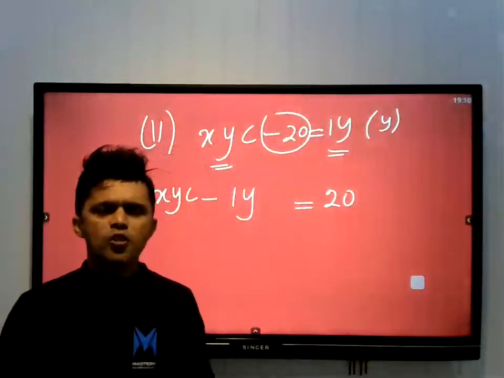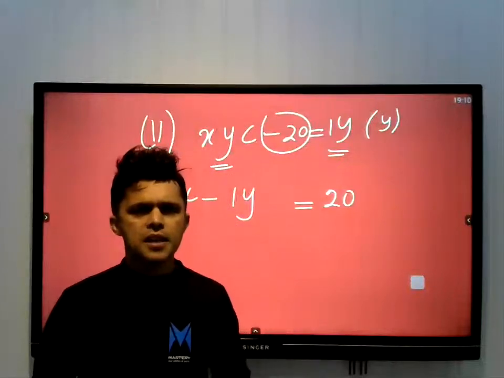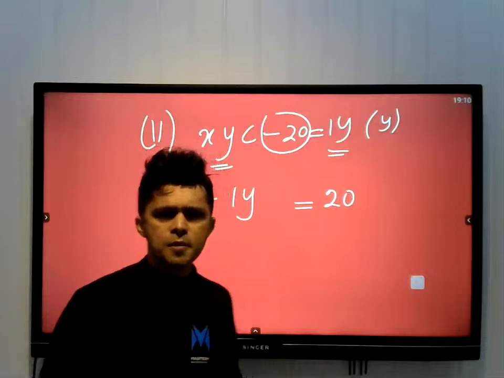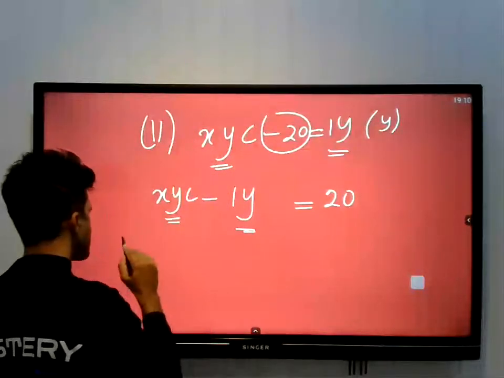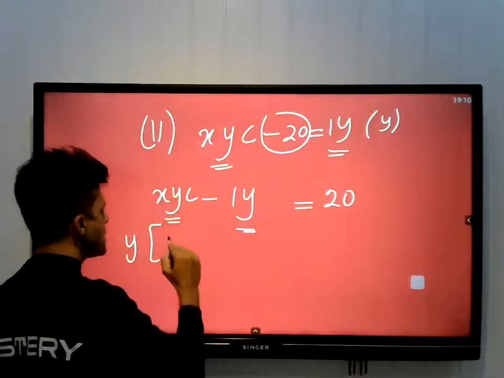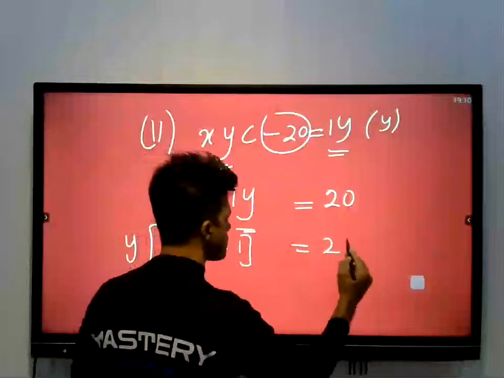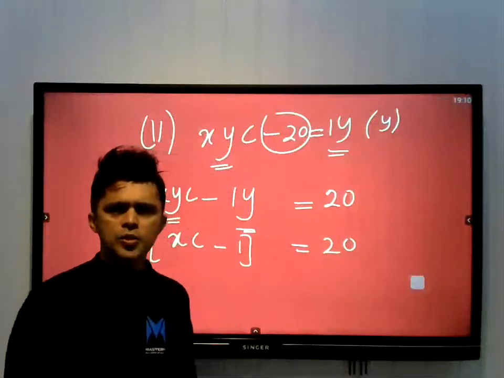Okay. Now what we have to do, we need to get the common term, the term that we need to write as a subject. So this can be written, that here y is taken as the common factor, then here the remaining terms xc minus 1 equals to 20. Okay? So now how can you do this?